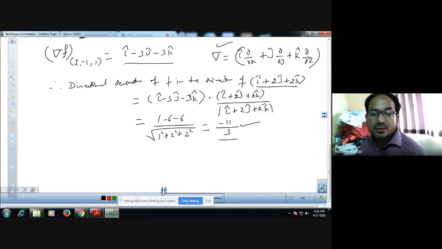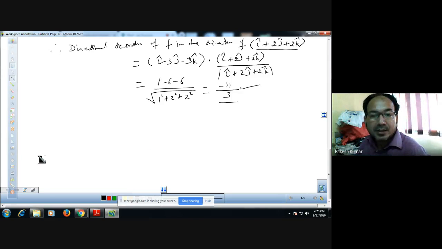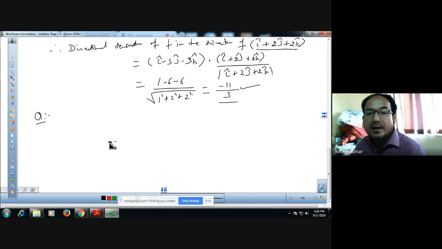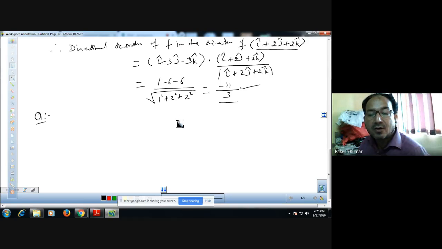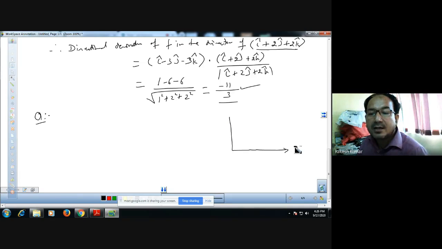Now, suppose the same question is given to us. The question is this, and you have to find out the directional derivative of the given surface. Surface is also same, but in the direction of x-axis. Now, in the direction of x-axis, you need to find out the directional derivative.